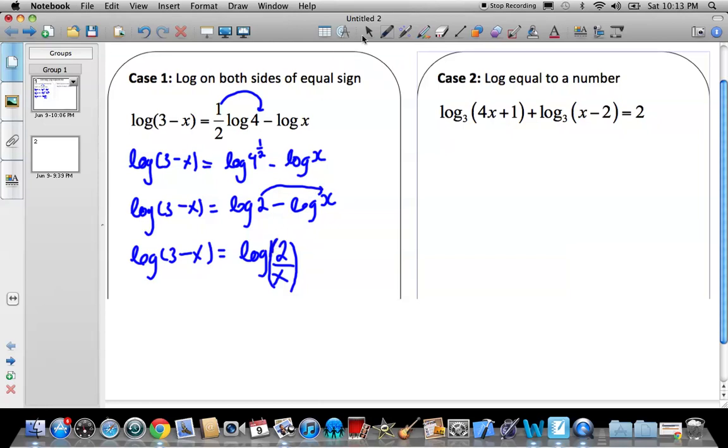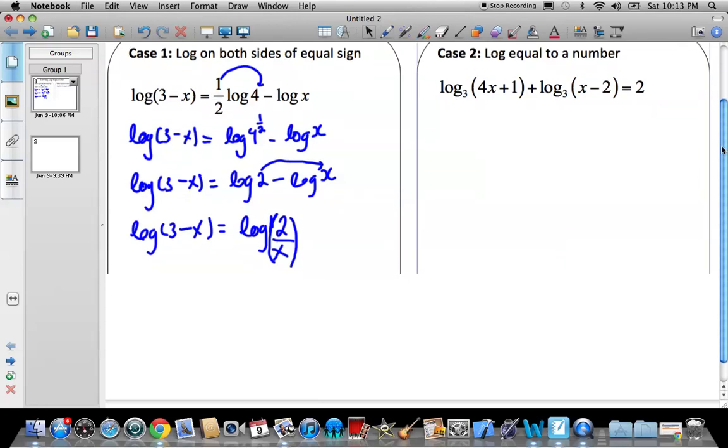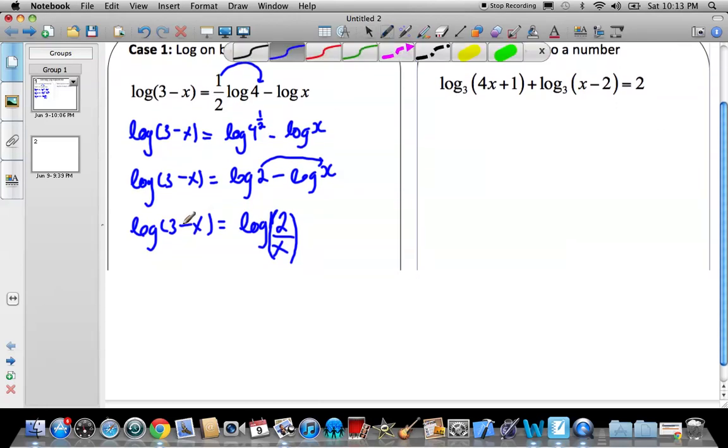Once you get to this step, it's a thing of beauty, really. You simply let what's inside the log functions equal each other, because the only way these two things are equal is if what's inside the log functions are equal. It goes back to what we did with common bases and exponents.